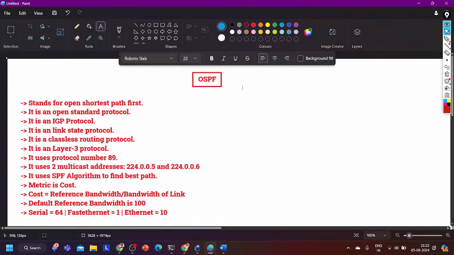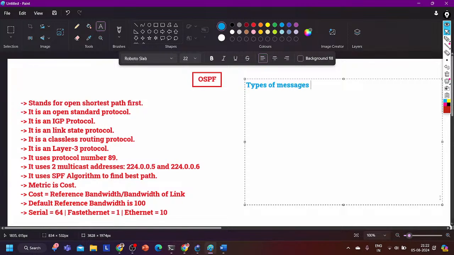So like this you can calculate the cost on any link with the help of bandwidth. Now, types of messages in OSPF. The first message is the type 1 message, and the name of the type 1 message is the hello message.